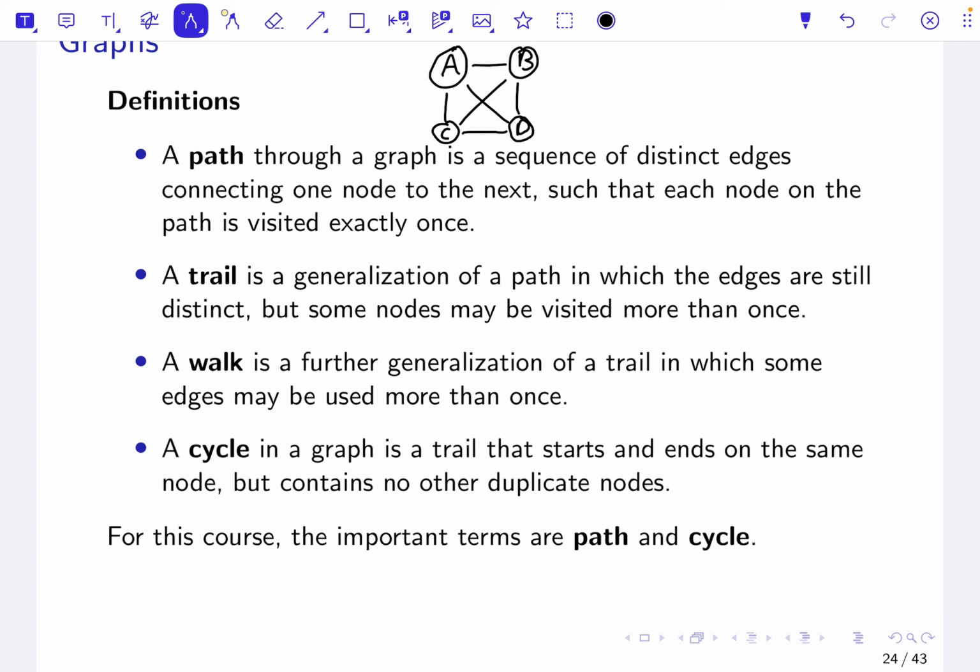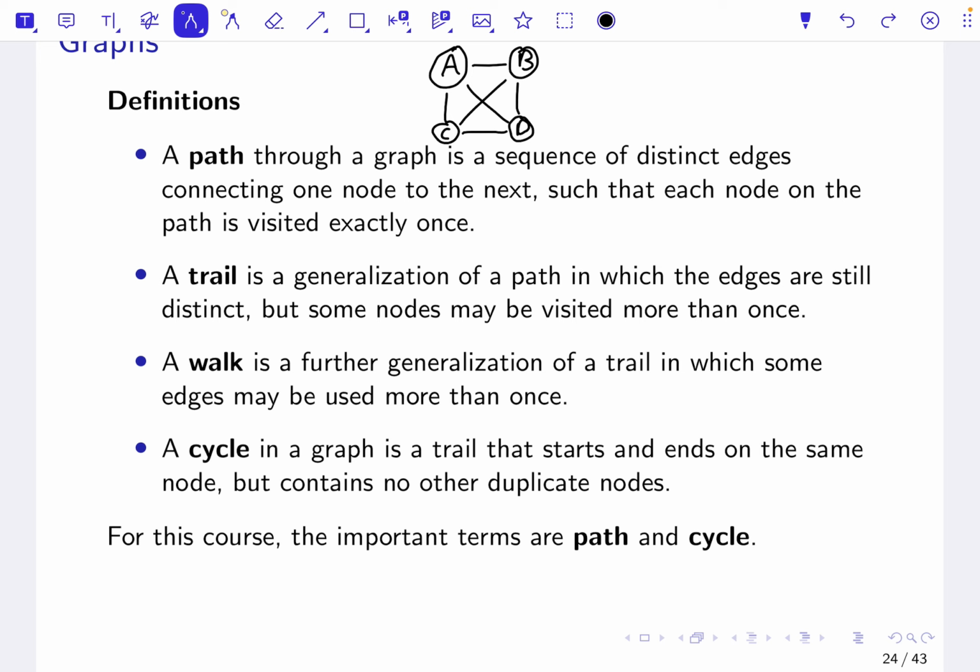So A, B, C, D is a path. A, B, C, D, A, like going on that path and returning to where you started, is not a path because A appears twice. And if you go, I don't know, A, C, B, C, D, A, that's super not a path. You just wandered around.